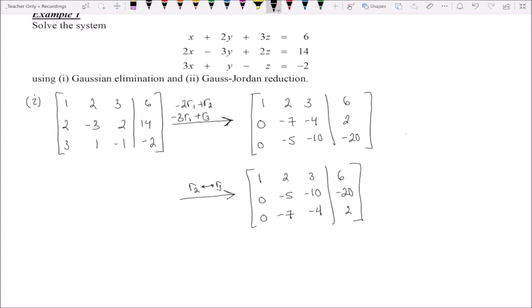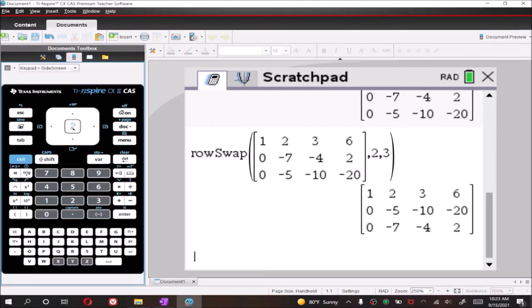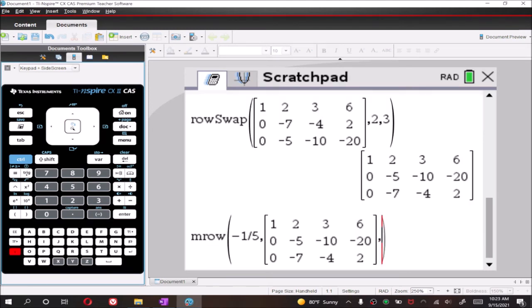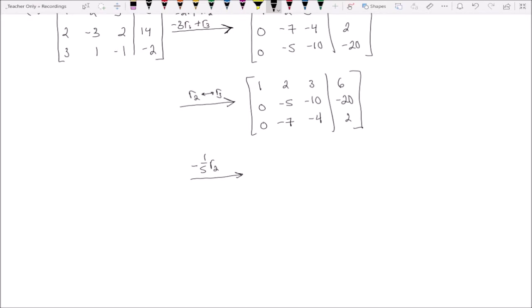And then do negative 1/5 times row 2. Right?